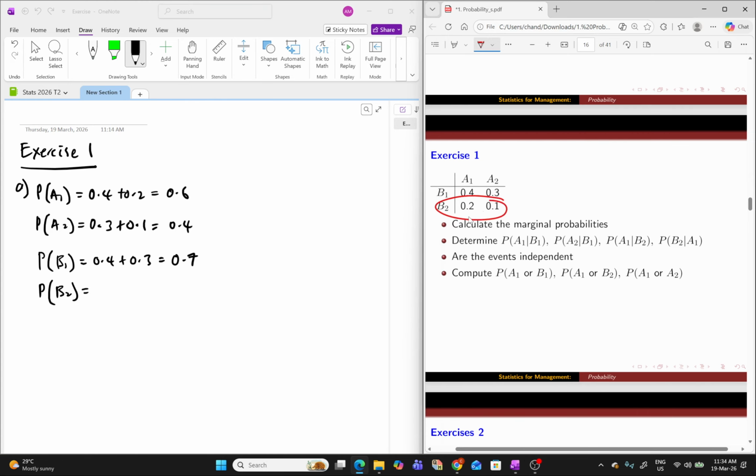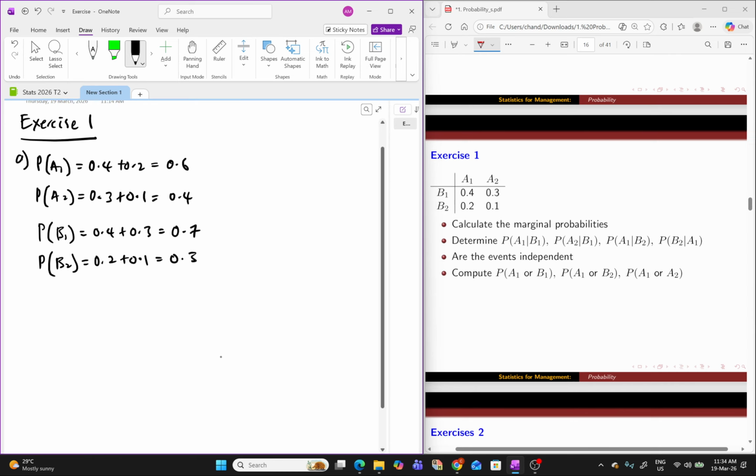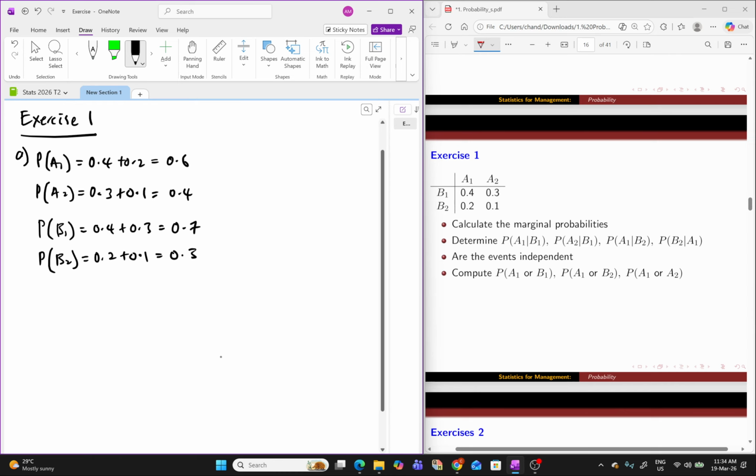And this row 0.2, 0.1, you get 0.3. So that's how you find marginal probability.